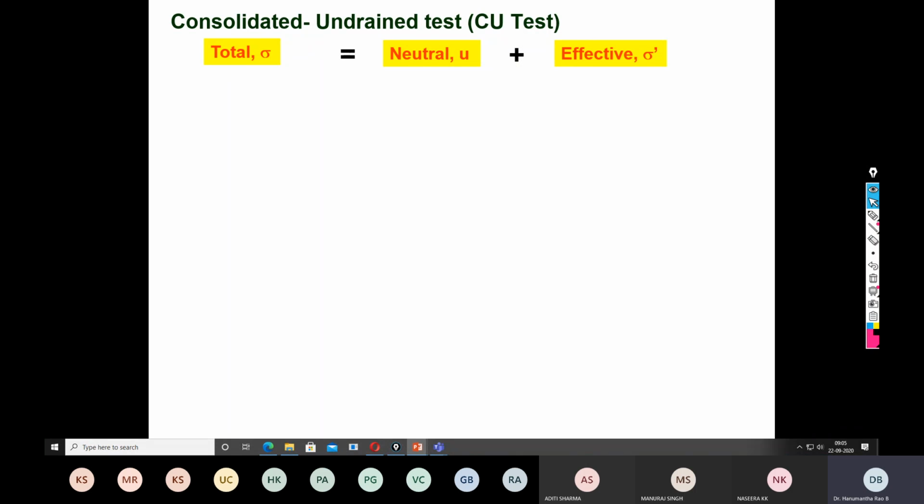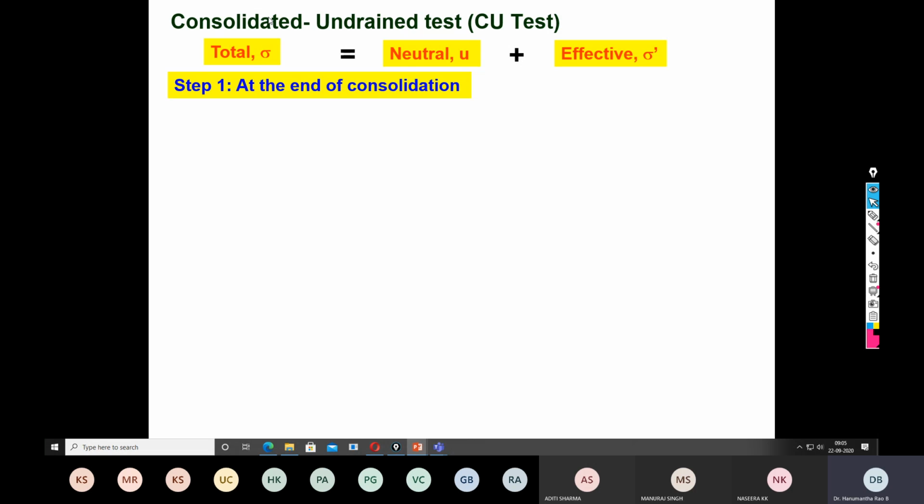First of all, as everybody is well aware, when you deal with any triaxial testing, we have to determine the stresses in the form of total, effective and neutral. This is when you conduct any consolidated undrained test. The meaning itself is self-explanatory.